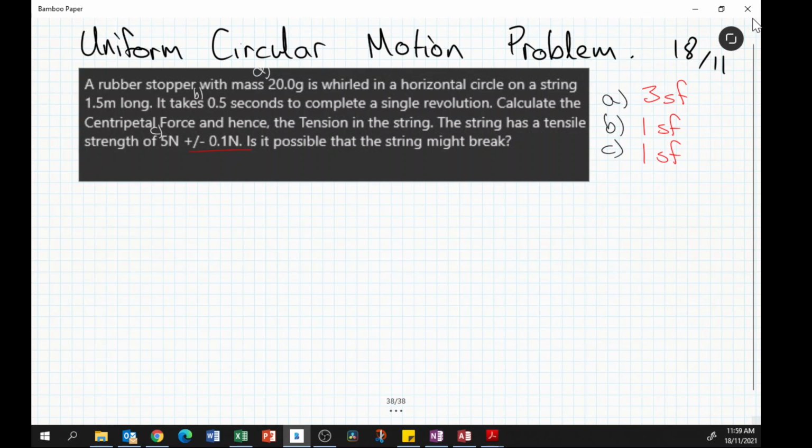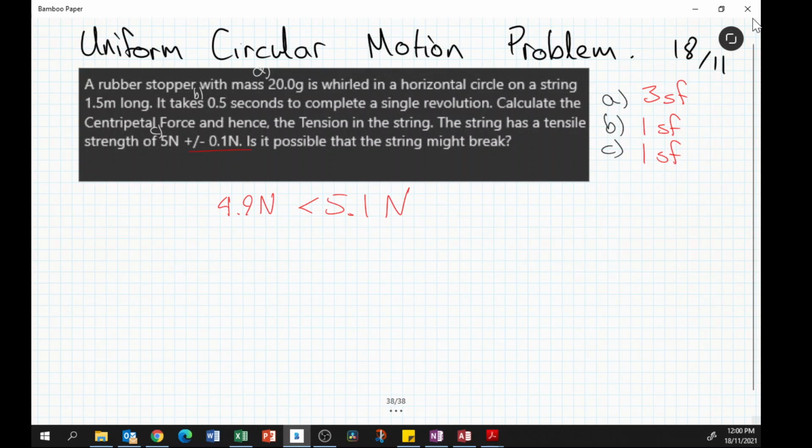An uncertainty. So the manufacturer publishes this string and tells you it can handle a tensile strength of 5 newtons, but we do have an uncertainty of 0.1 newton. What does that mean in this context, Alex? Okay, so if it's greater than 5.1 newtons, definitely going to break.